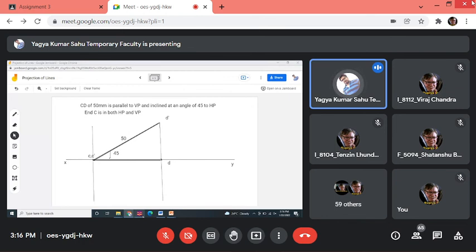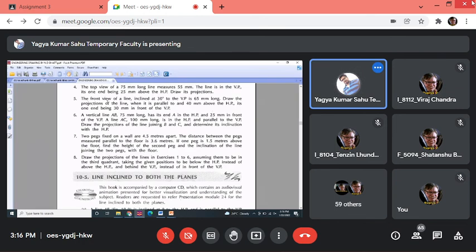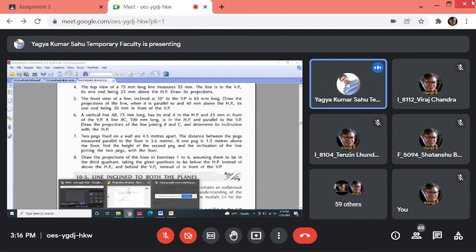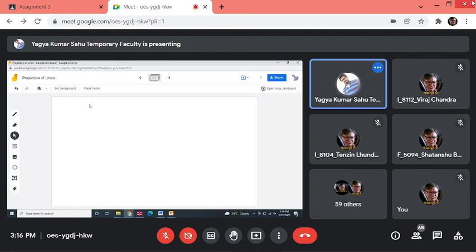Okay, let's solve this question. The top view of a 75 mm long line measures 55. Okay, I'm writing all the details given in this question. So the length of line, capital CD, is given as 75. And the length of top view, now I'm writing small cd for top view. What is capital CD?